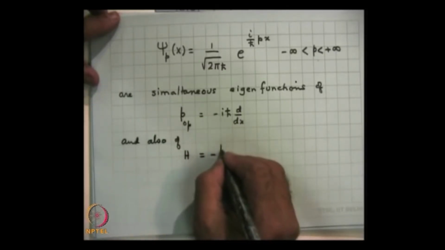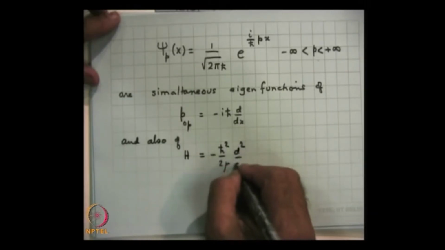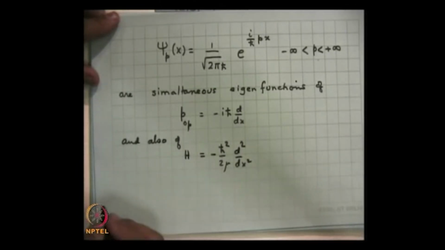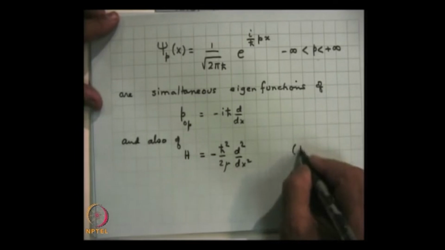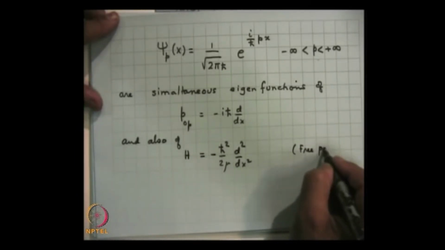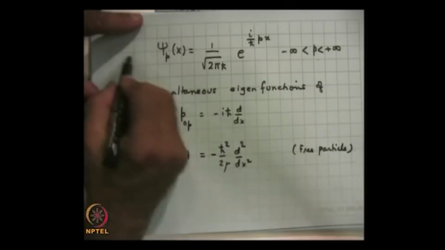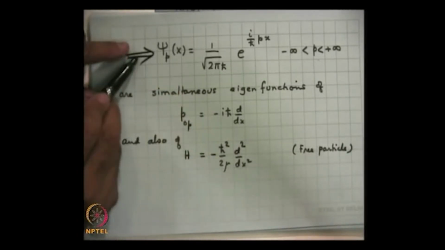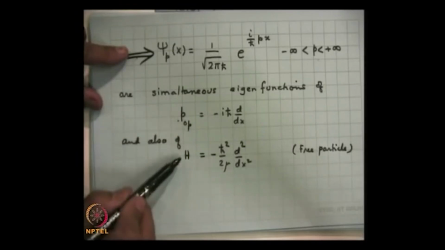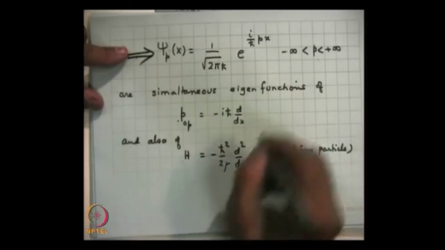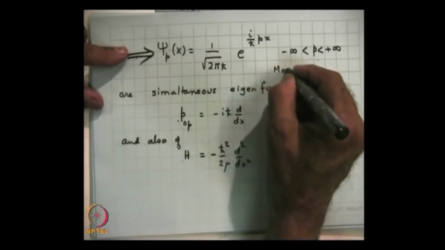The Hamiltonian for the free particle is minus h cross square by 2 mu d 2 by dx square. Actually, the Hamiltonian has a V of x term, but V of x is 0. This is for a free particle, and these wave functions are therefore eigenfunctions of p op as well as of this, and are often known as the momentum eigenfunctions.